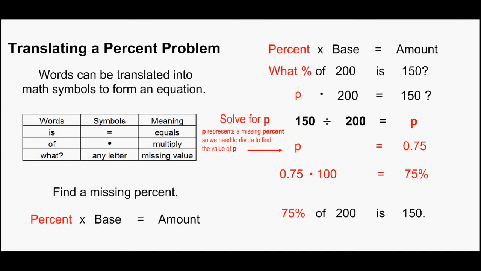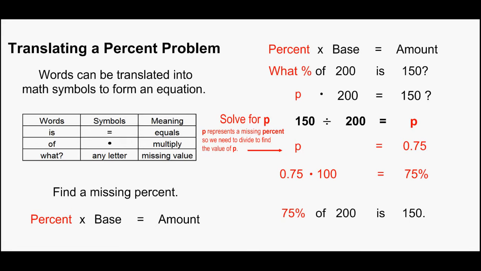Let's try one more missing percent problem. What percent of 200 is 150? Again, let's use P as our variable to represent the missing percent. Of is multiply, 200 is equals 150.